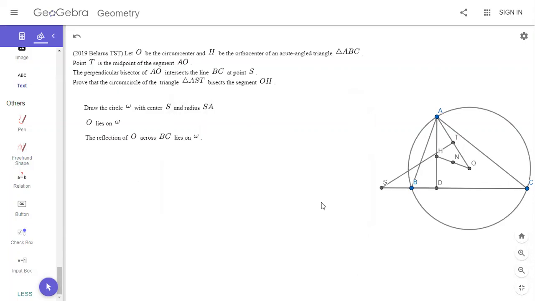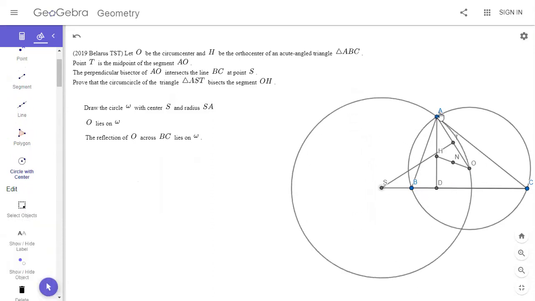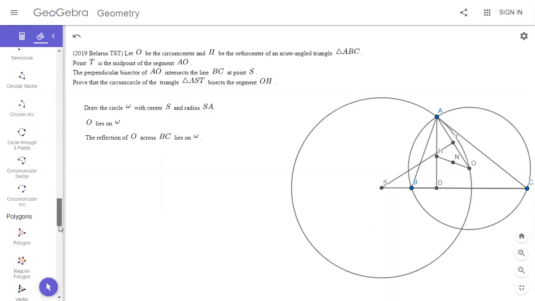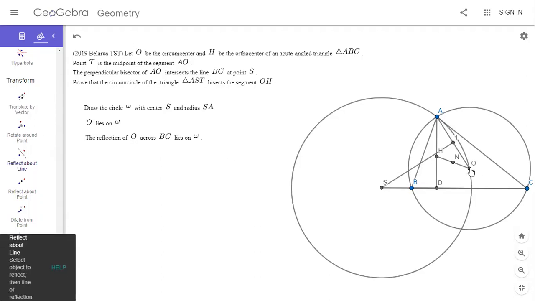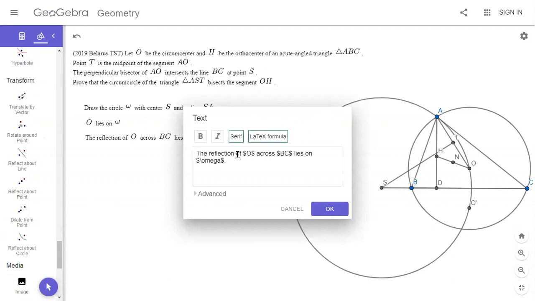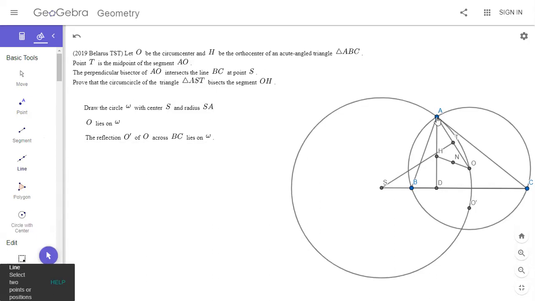All right. So I'm going to draw that in. So I call this O prime. Okay. And then we could draw the point A prime, which is the diameter.